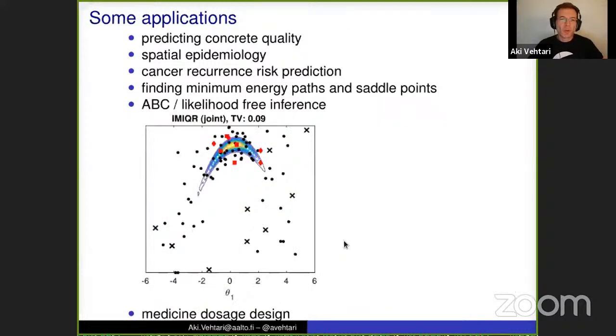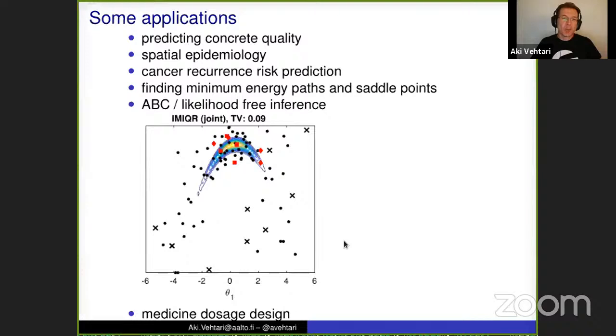ABC, or likelihood-free inference, where we want to make posterior approximations, and again we want to run the simulator only as few times as possible, with different parameter values here, θ1 and θ2 on the y-axis.